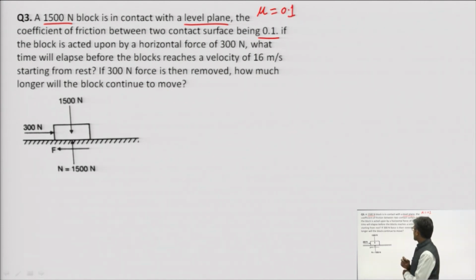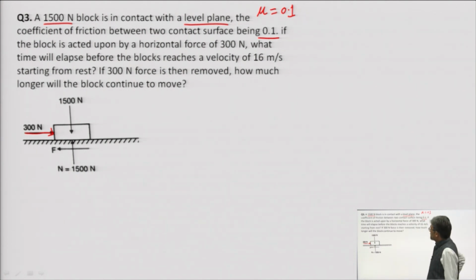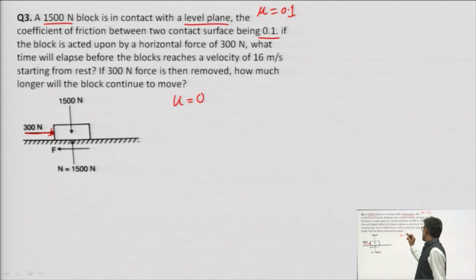If the block is acted upon by a horizontal force of 300 Newton, what time will elapse before the block reaches a velocity of 16 meters per second, starting from rest? Initially u is equal to 0 and finally its velocity is 16 meters per second.